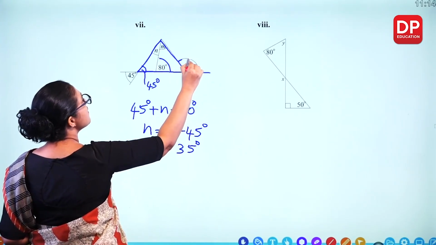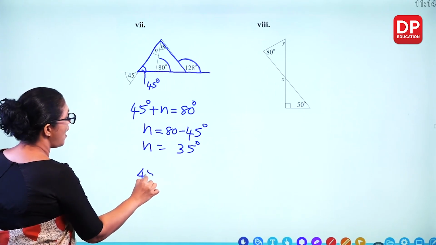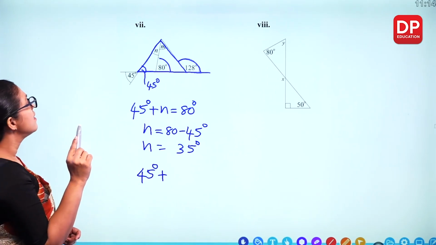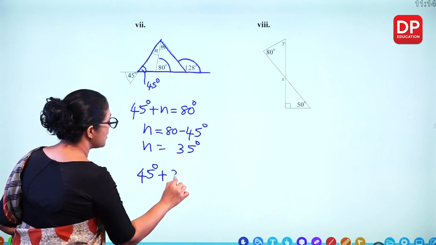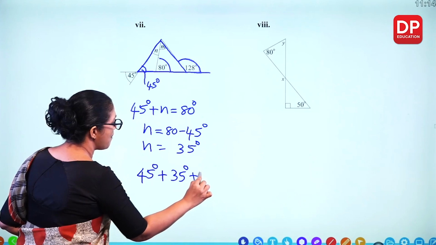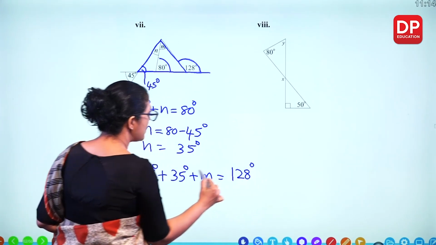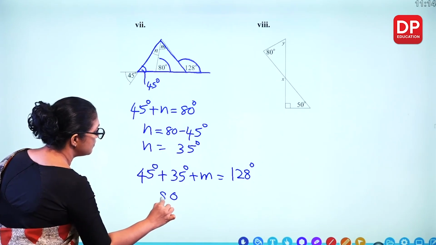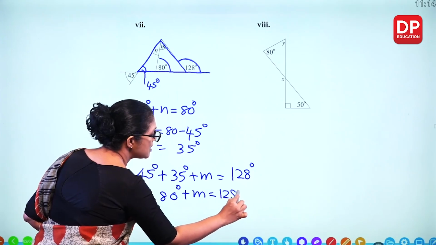Now, if you take this triangle, this is the exterior angle. So 128 is 45 plus N plus M, the other interior angle. So N plus M, that means 35 plus M is equal to 128. When you add these two, you get 80 plus M equals 128.